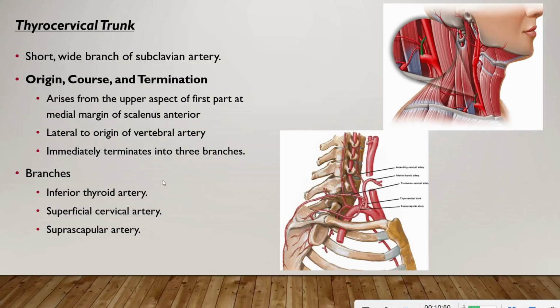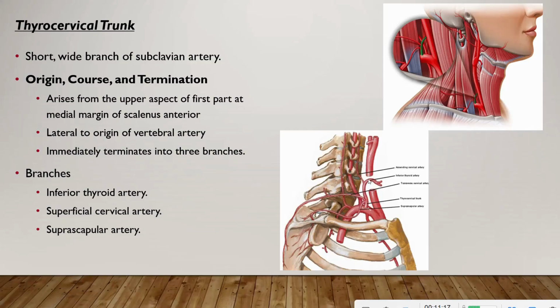What are the branches? There is the inferior thyroid artery. Then there is the superficial cervical artery. Then there is the suprascapular artery, you can see here. There is the transverse cervical artery.